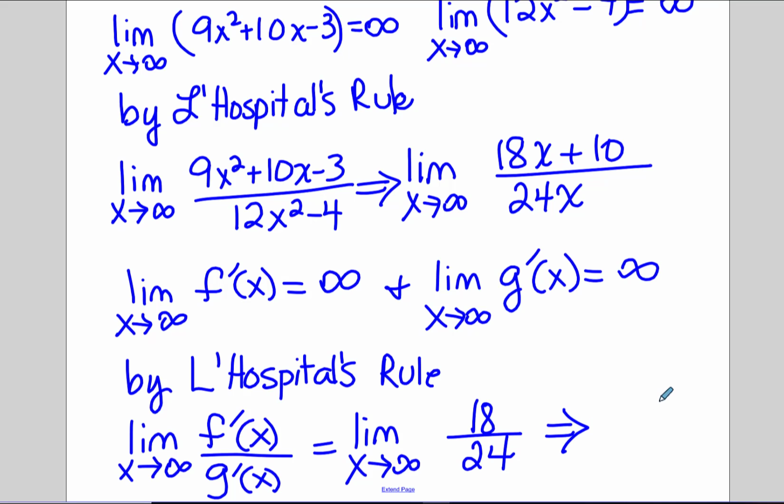So there's our 9 over 12 or 18 over 24 or 3 over 4, whatever way you want to write it, bounded by that horizontal asymptote at infinity.